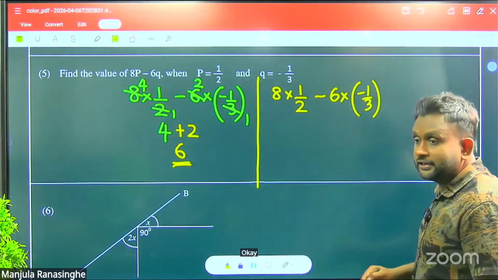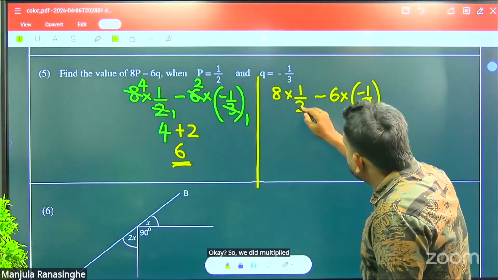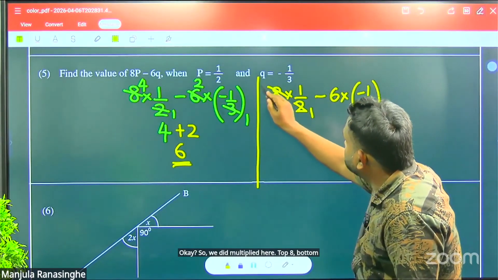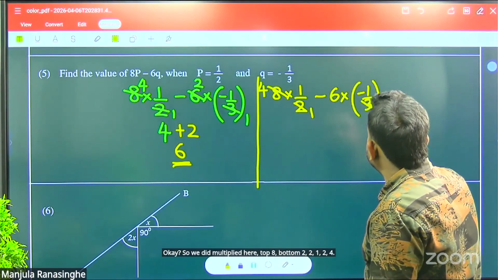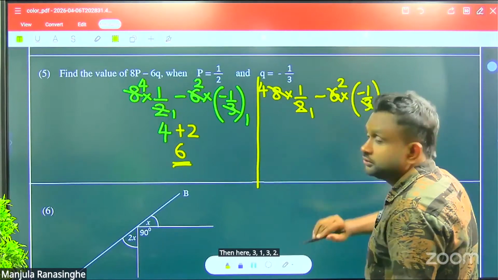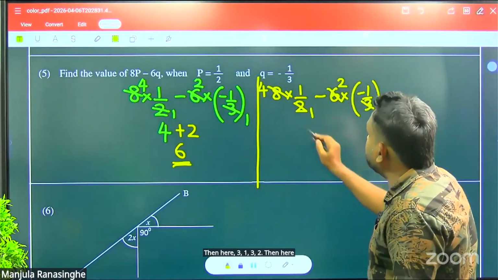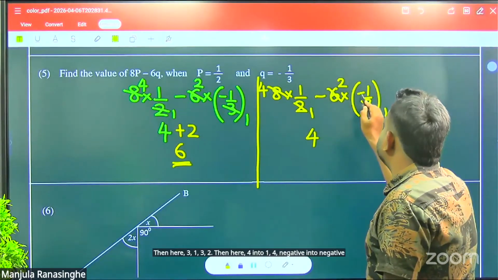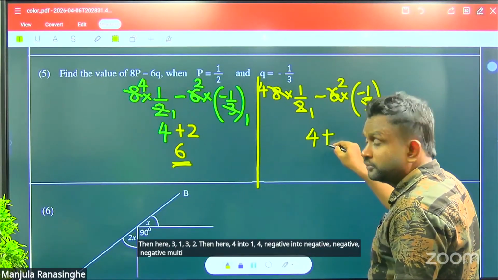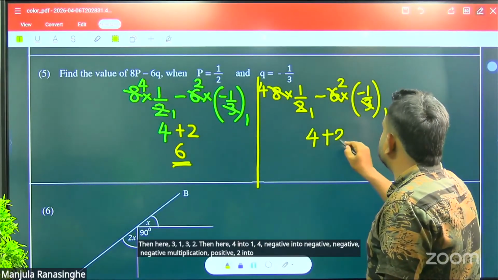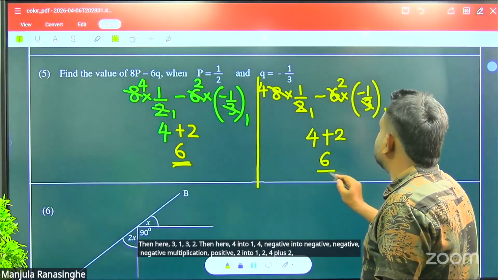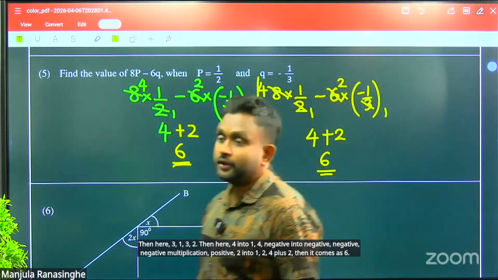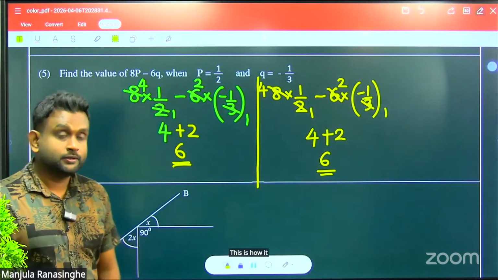So we multiplied here: top 8, bottom 2, giving 4. Then here 3, 1, 3, 2. Then 4 into 1 is 4. Negative into negative, multiplication is positive. 2 into 1 is 2. 4 plus 2 comes as 6. This is how it happened.